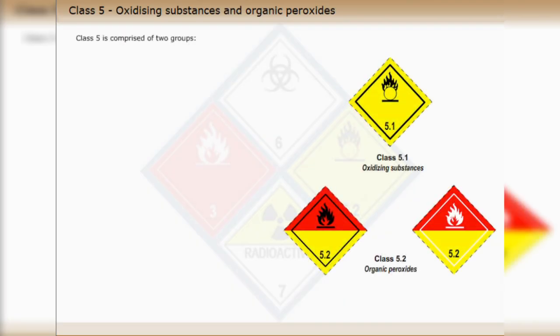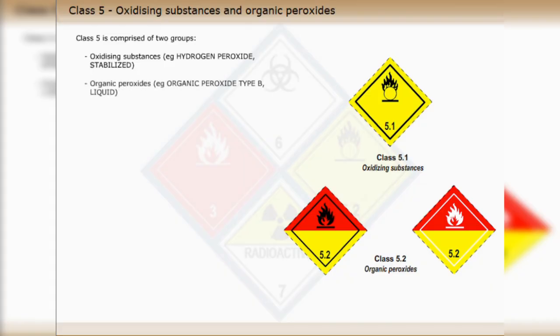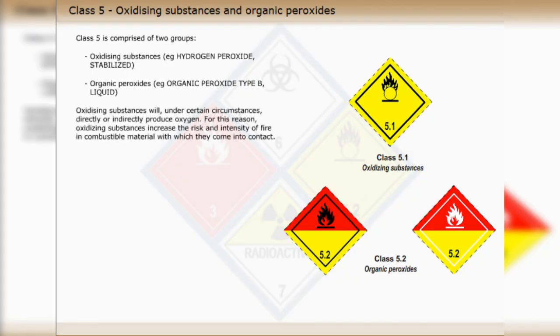Class 5 is comprised of two groups: oxidizing substances, such as hydrogen peroxide, stabilized, and organic peroxides, such as organic peroxide type B, liquid. Oxidizing substances will, under certain circumstances, directly or indirectly produce oxygen.